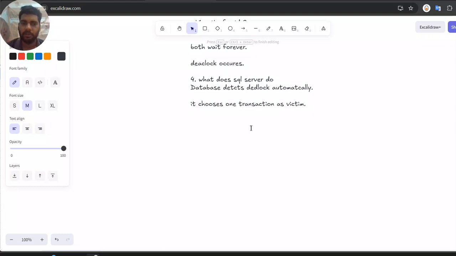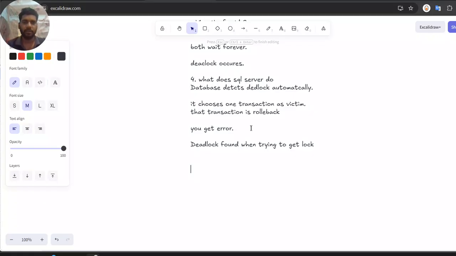That transaction is rolled back. You get the error: deadlock found when trying to get lock. Then what happens after?